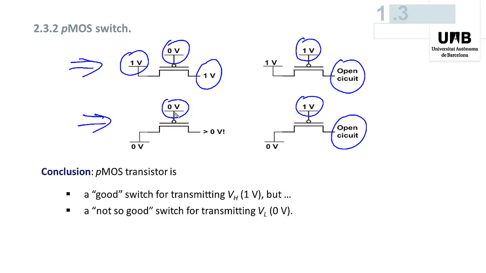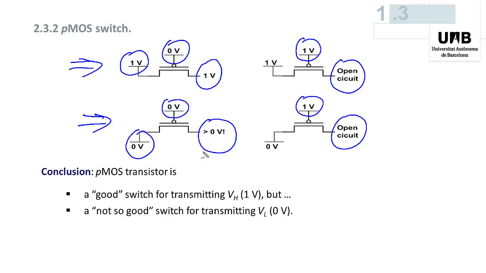If the gate is 0 volt but the input voltage is 0 volt, the output voltage is not exactly equal to 0 volt. It will be smaller than 1 volt, smaller than the high level voltage, but a bit greater than the low level voltage.